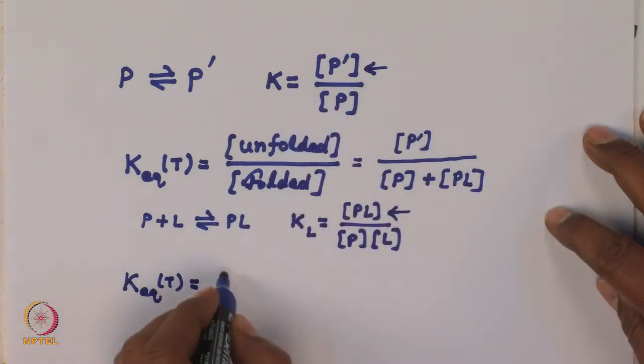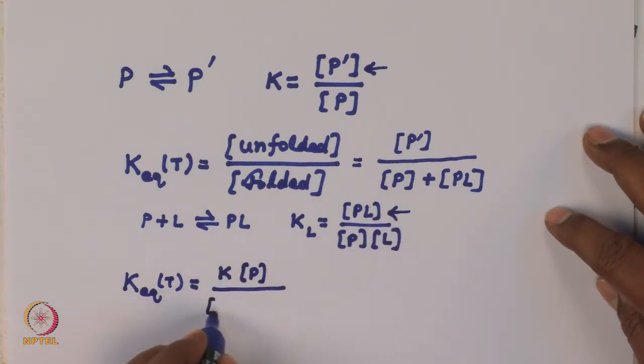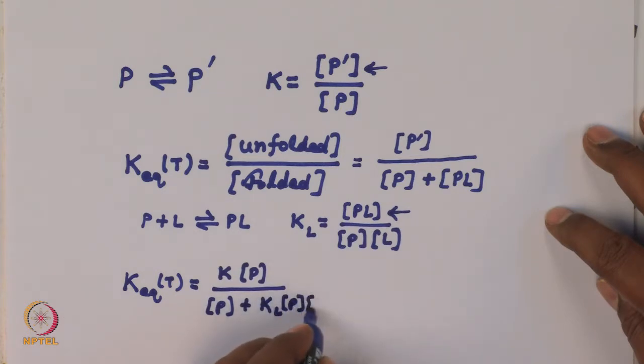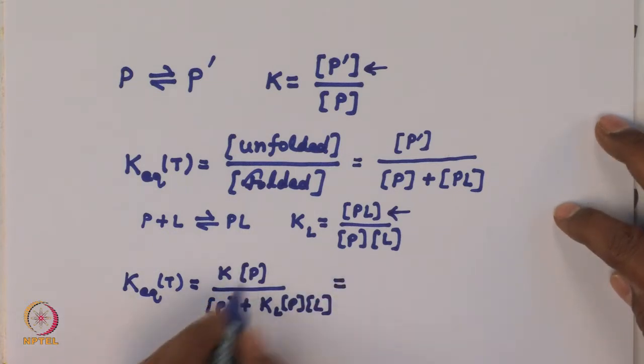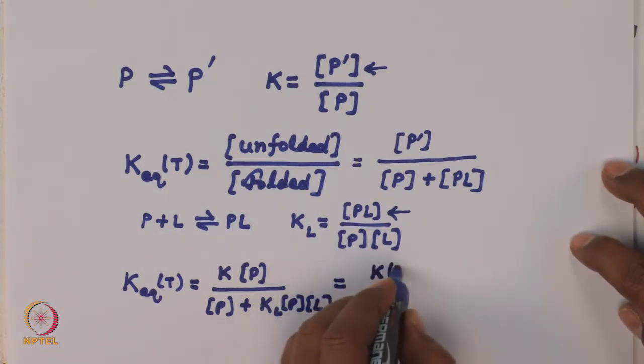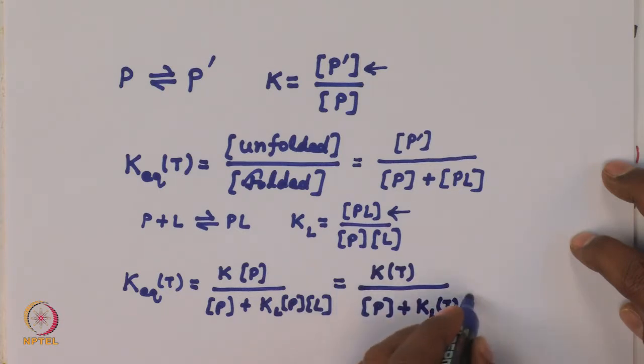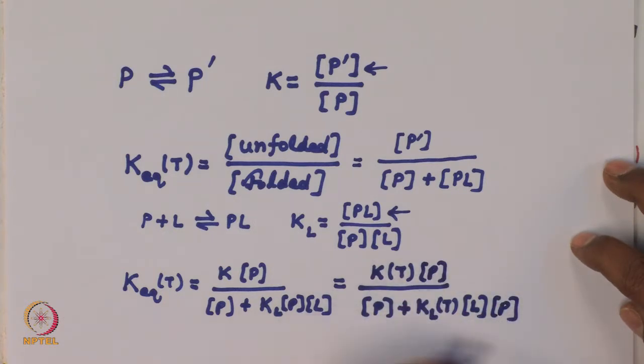P prime is equal to K into concentration of P, divided by, let me retain P, plus PL, which is equal to KL into concentration of P into concentration of L. So, you remove P prime from here, I can write this as K, now let me specify at a temperature T, divided by P plus KL at temperature T into L into P, and P can be cancelled.